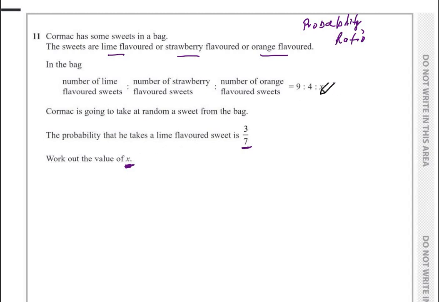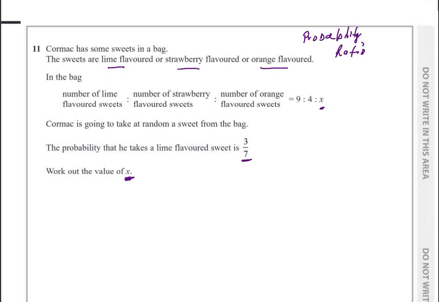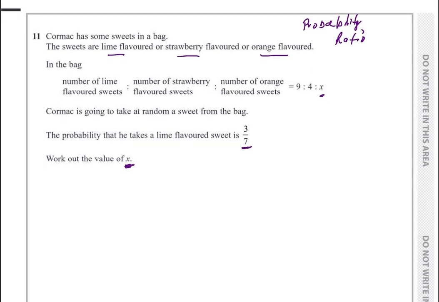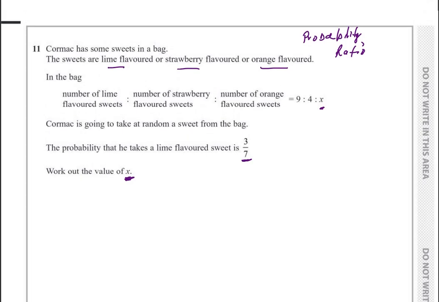So we need to set up an equation that has x as its unknown and its variable. First of all, notice that we're given the probability for picking a lime flavored sweet, and from here we can also deduce the probability from this ratio.